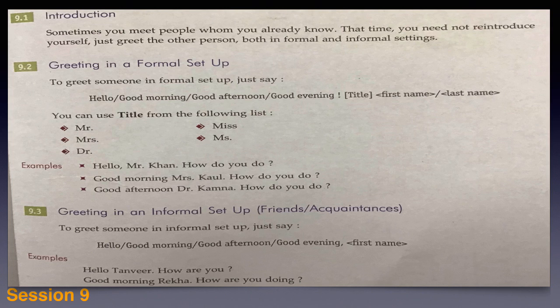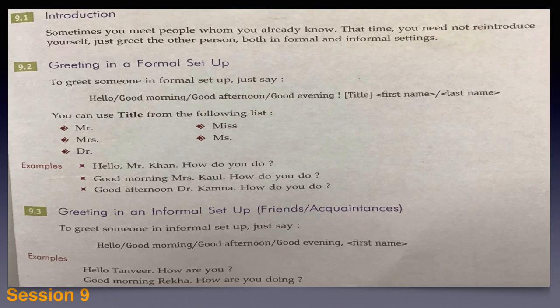The greeting in an informal setup, for friends or acquaintances. To greet someone in an informal setup, just say hello, good morning, good afternoon, good evening, and then the first name. Hello, Tanveer, how are you? Introduction with the greeting: hello, Tanveer, the name, how are you?